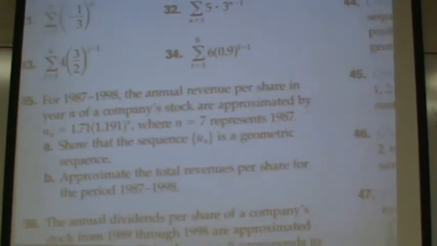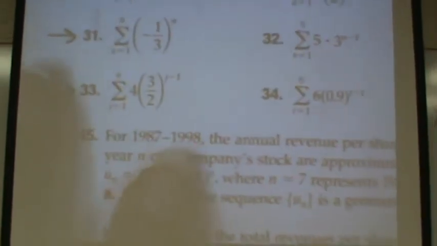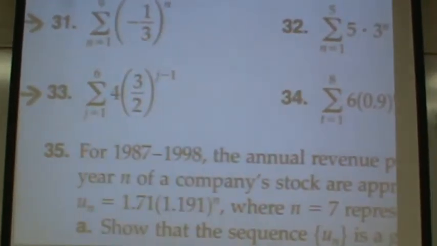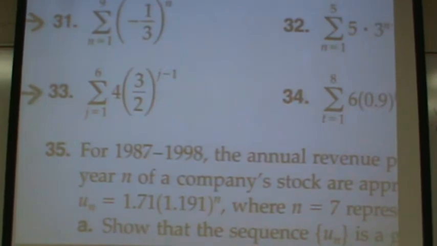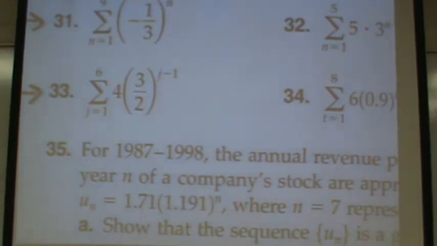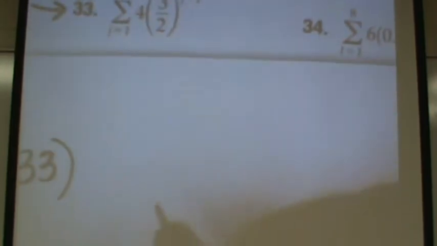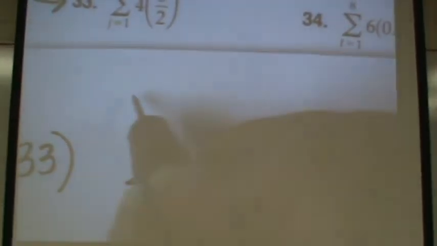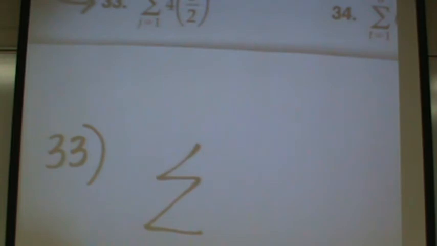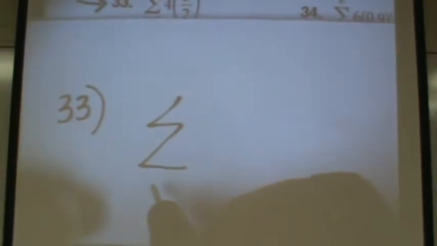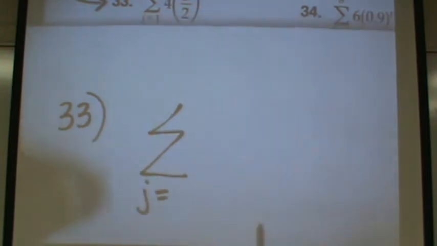Next, question 33 is another summation. And as you notice, they're getting more and more difficult. We have the summation, now they use a J. It's the same as an N. You can use an N, some use an I. They used a J for this problem.